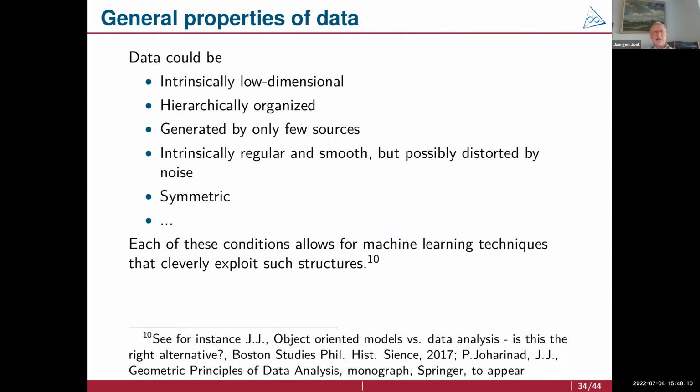The data just come because people, usually physicists, have developed some very sophisticated imaging techniques.